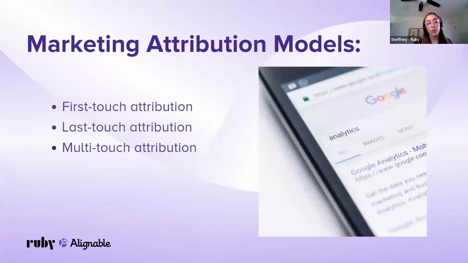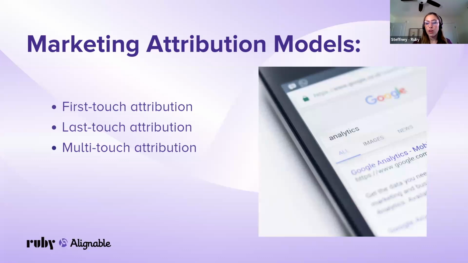And lastly, there's the multi-touch attribution. This model factors in all touch points a lead interacted with before converting to a sale. Different weights are assigned to each touch point, and the full credit is distributed to each touch point that the lead interacted with before converting to a sale.